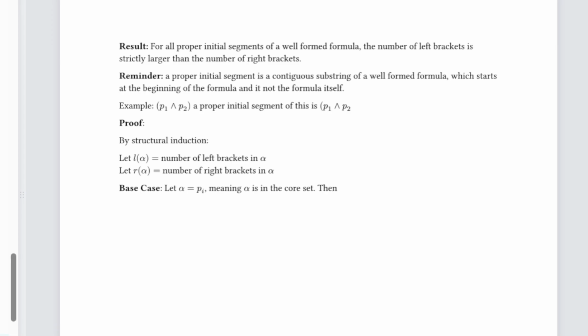Then alpha has no proper initial segments, and if alpha has no proper initial segments, the statement is vacuously true.